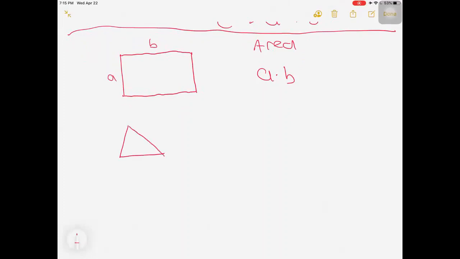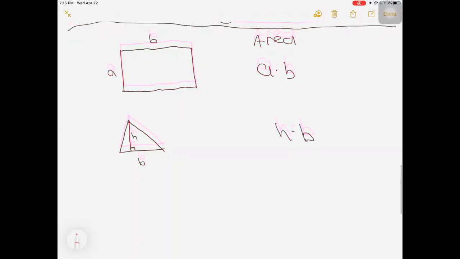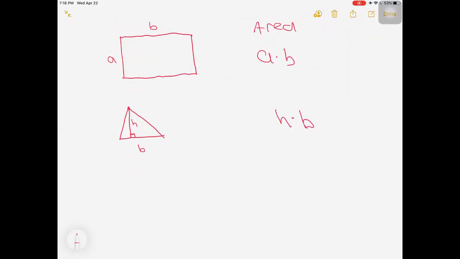what we do is we look at the base and its height. Its height is defined as the other point, and you draw a line perpendicular to the base. So that length h will be the height. So h times b. This might be more difficult if you have an obtuse triangle.